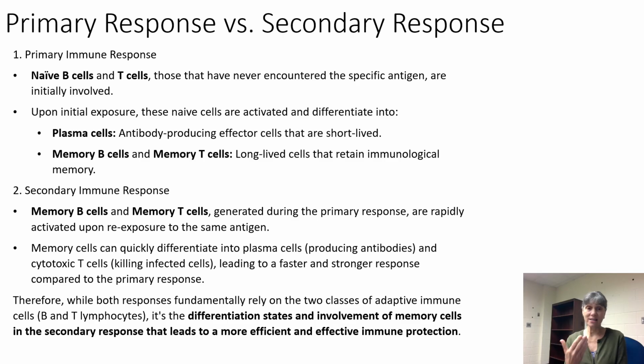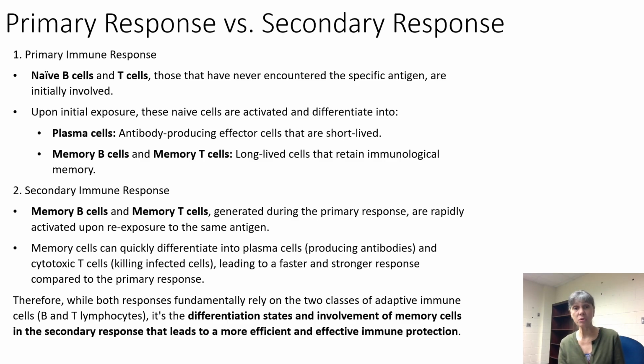So when we have that initial exposure to an antigen, the naive B cells are going to become active, and they will differentiate into plasma cells. The thing that's important to understand about plasma cells is that those are the cells that produce antibodies. Antibodies fight antigens. However, upon initial exposure to an antigen, the naive B cells will also differentiate into what we call memory B cells.